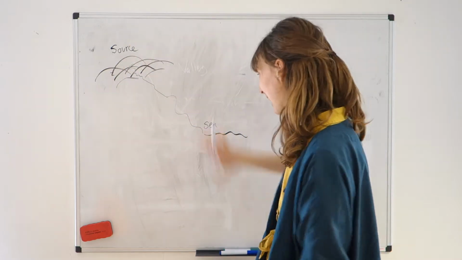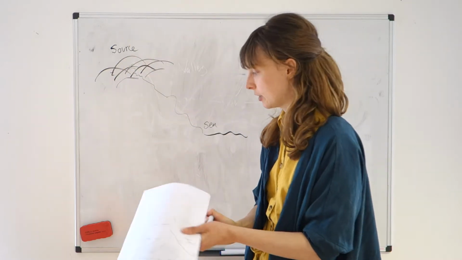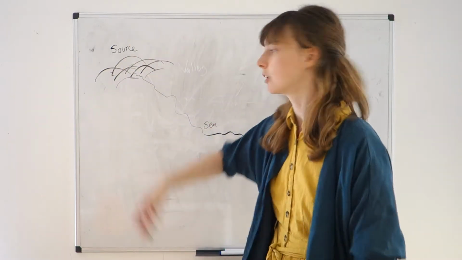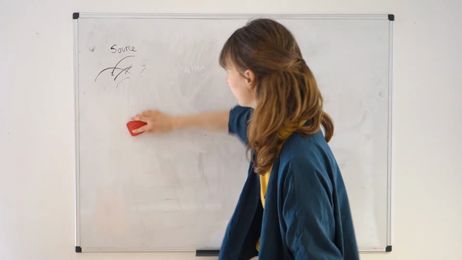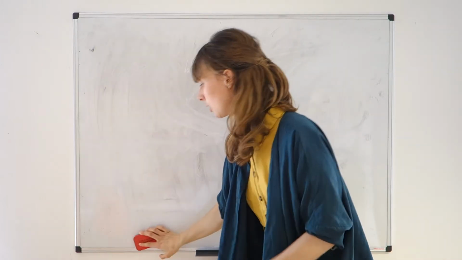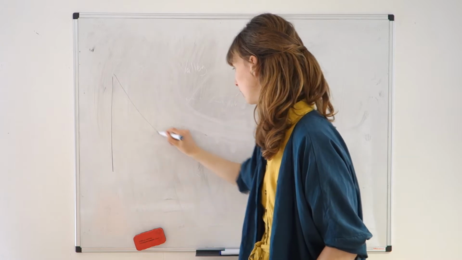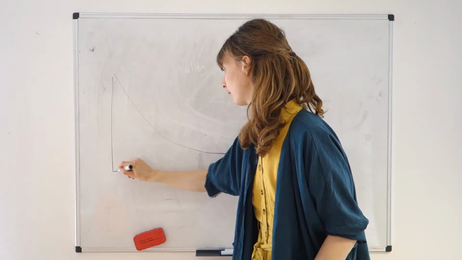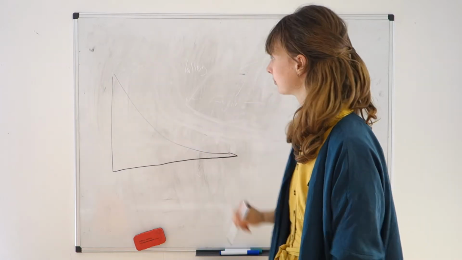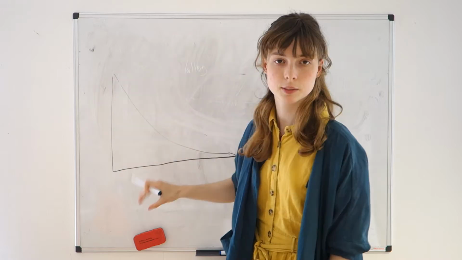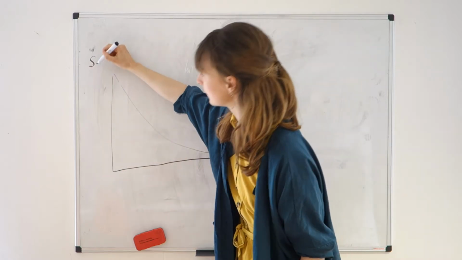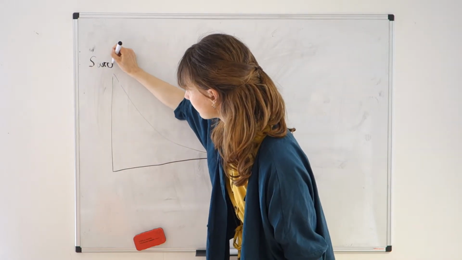But because that diagram is a bit complicated, geographers draw it in a slightly different way. We draw it like this. Here, the highest part of the diagram is the source, and that shows where the river starts.